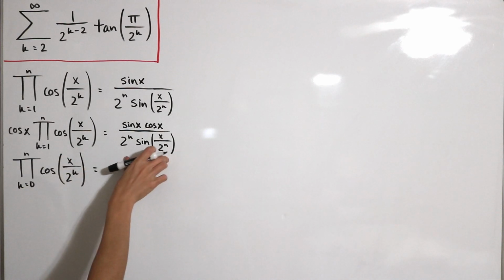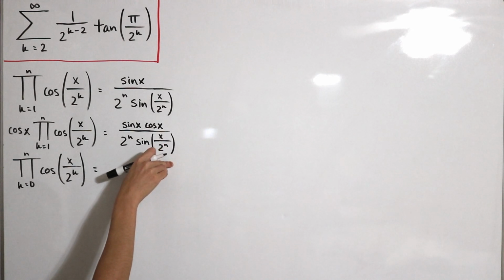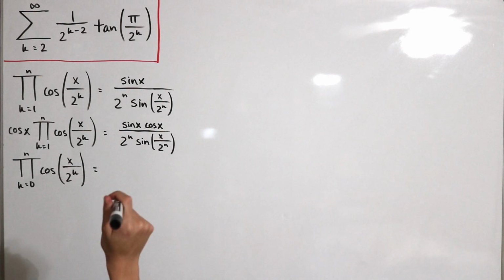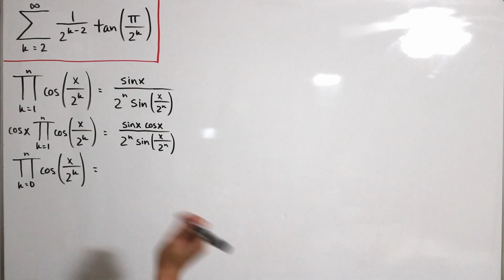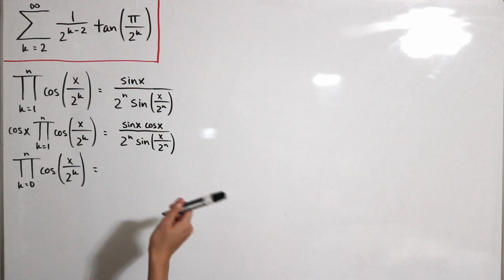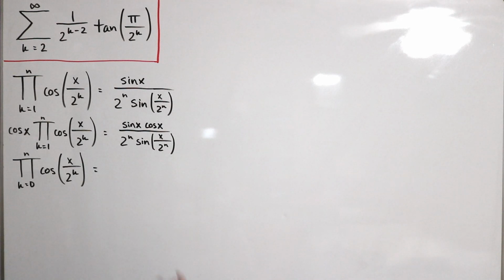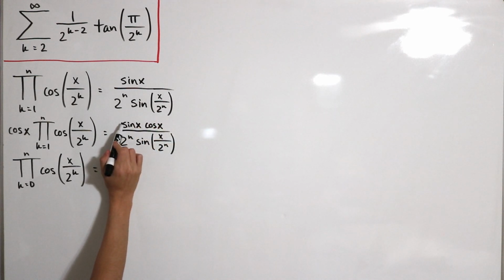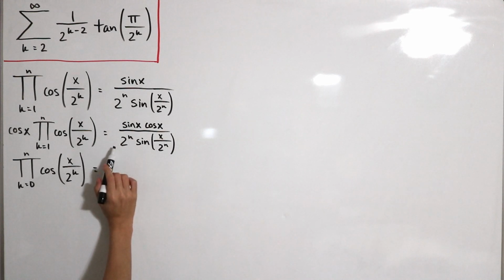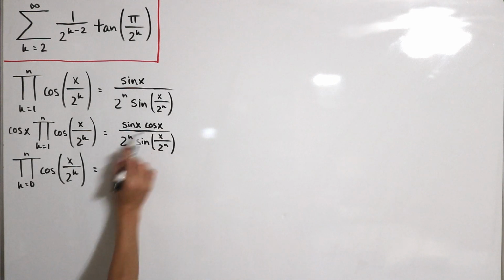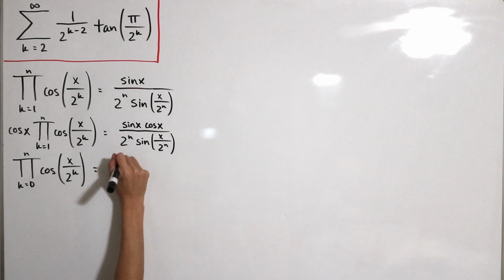Where does this leave the right-hand side of the equation? Well, it doesn't look like it can simplify further, right? It actually can. I did mention that you can use the double angle formula, and recall that sine of 2x is equal to 2 times sine of x times cosine of x. Guess what? There's a sine of x cosine of x. If we multiply and divide by 2 for both sides, then I can rewrite 2 sine x cosine x as sine of 2x for the numerator.